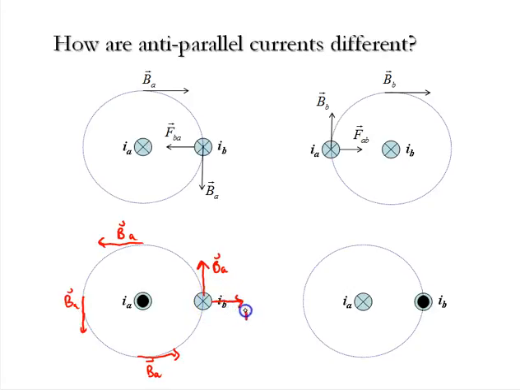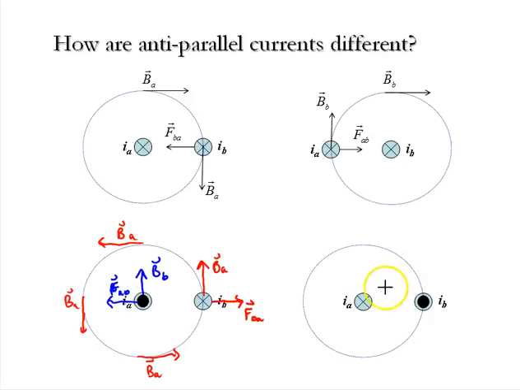The force on B due to A is going to be pointing away from A. There's no change: I_B is still flowing into the page, so our magnetic field at I_A is still going to be pointing upward, that's going to be the direction of the magnetic field at a distance D away from our parallel wire B. So our magnetic force here, if we do our right-hand curl, will be pointing away.